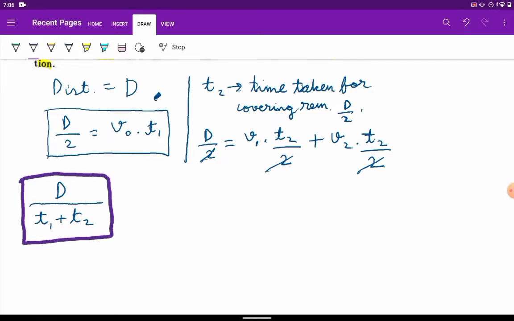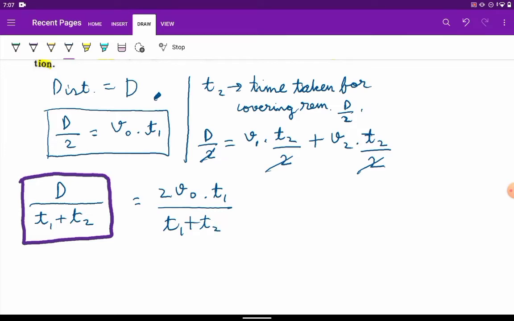This is the quantity we are looking for. So D is 2 v naught t1, divided by t1 plus t2.